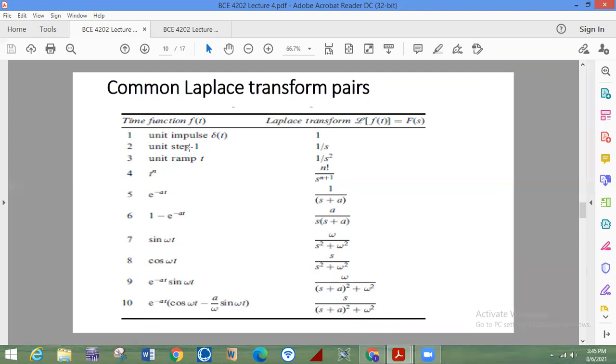The first example we looked at here is a unit step, where you get 1 over s. If it is a unit ramp, you get 1 over s squared. If it is t to the power n, standing for any number, this is how you go about it, and so on and so forth.